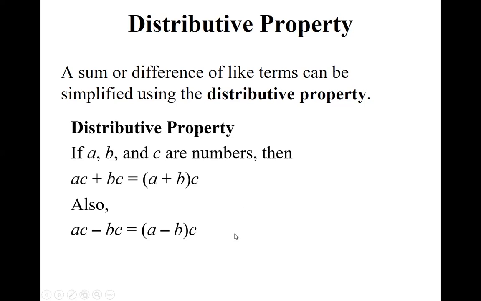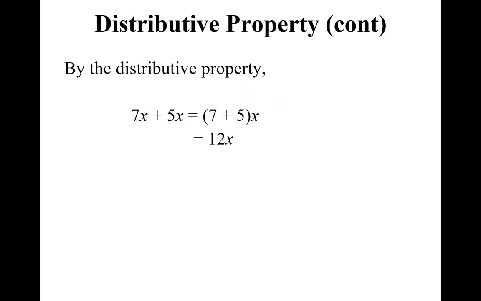We were used to eliminating the parentheses, but in this form, we're kind of writing it with parentheses. And there's going to be a point to that. You're going to see that. This example should clear up why this form of the distributive property is going to be useful for us.